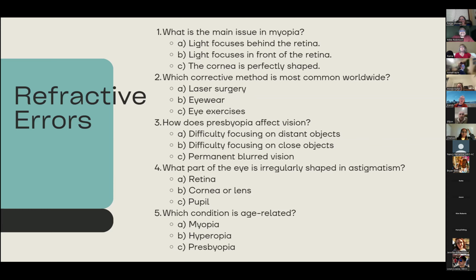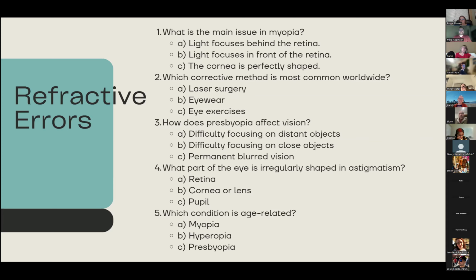Number 2, which corrective method is most common worldwide? Laser surgery, eyewear, or eye exercises? I don't know this one. It depends on what you mean. Starting with the first one, normally laser surgery can be better, so you can remove the glasses and correct everything, and you can be 20/20.